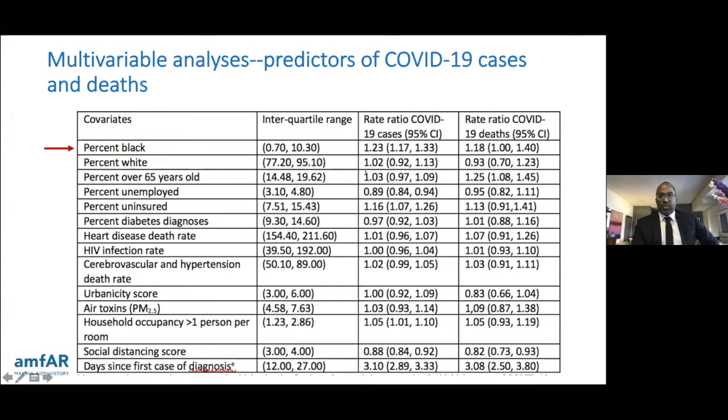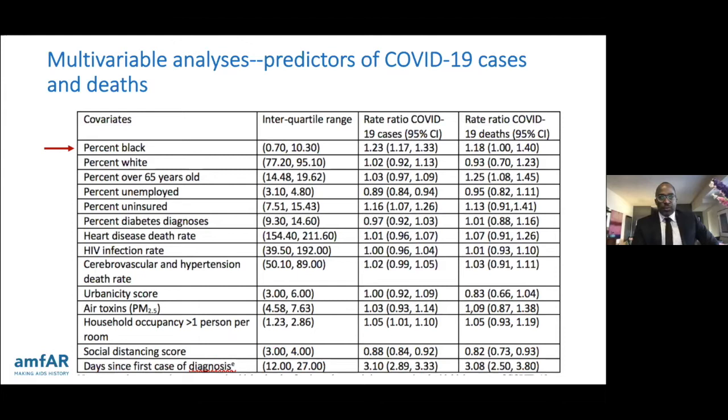For COVID-19 cases, you could see that percent uninsured was associated with COVID-19 cases. We also saw that household occupancy, so if you had a denser household, was associated with COVID-19 cases.